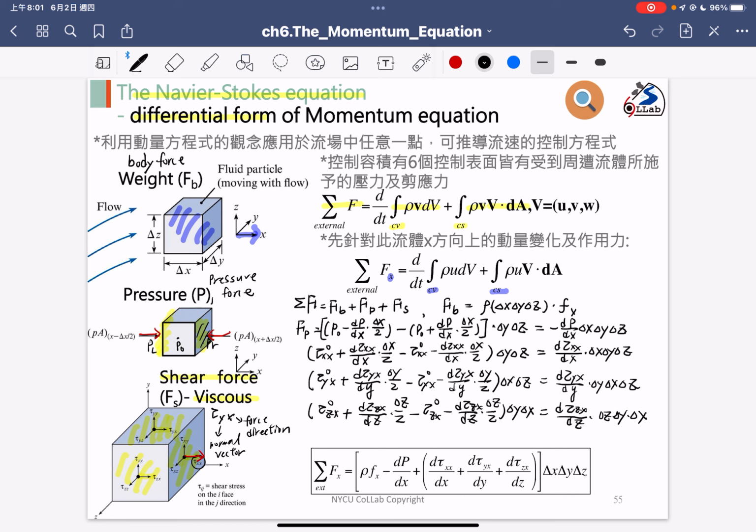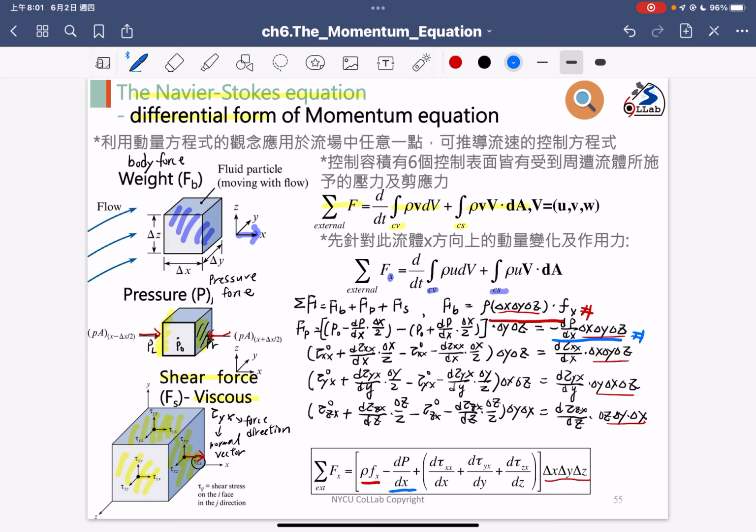So we can compare all of the items shown here. All of the items include delta V. So in our final summary, we just take delta V outside, and inside we only have the body force, right? First we have the body force along the x direction, and we have the pressure force related to the x direction.